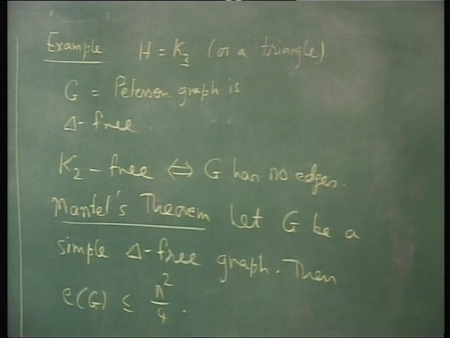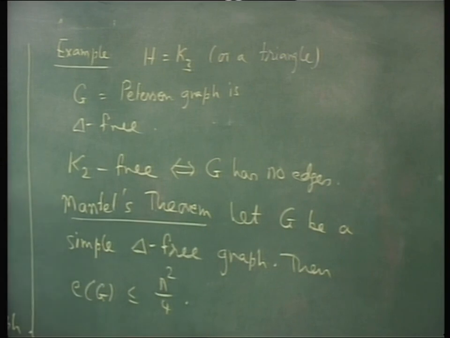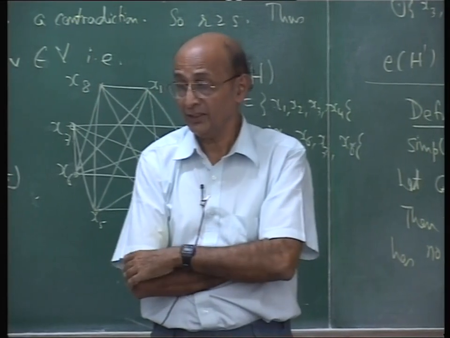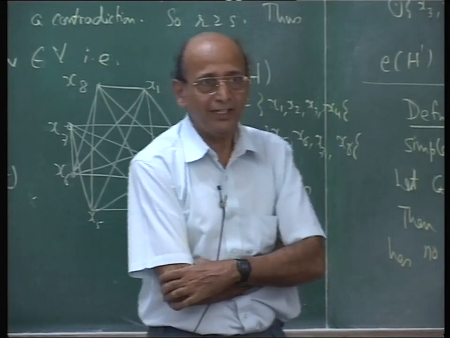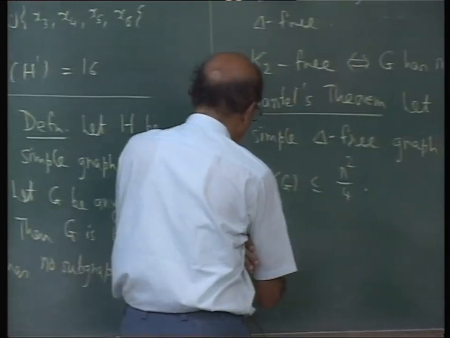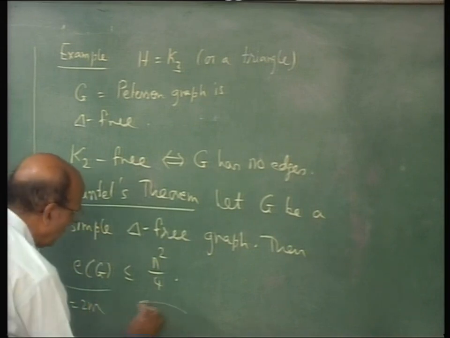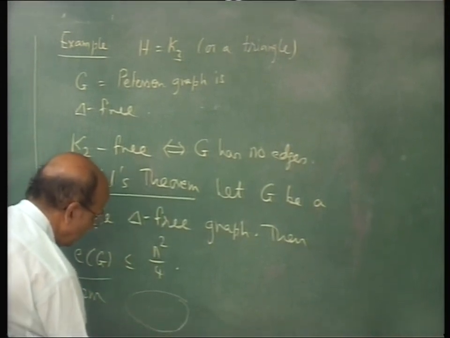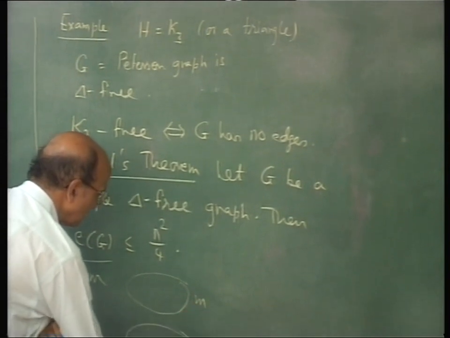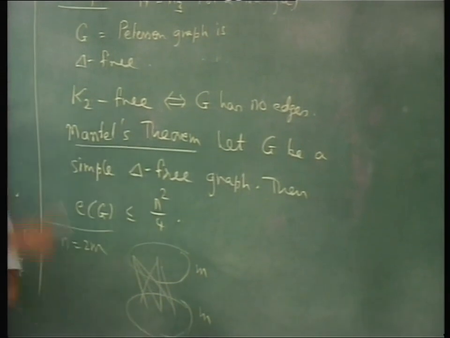In fact, I have not proved that theorem, but let's quickly see how to get equality there. Suppose n is even; there are only 2 possibilities, either n is even or n is odd. If n is even, let's say n is equal to 2m, then you can put m vertices on one side, m on the other side, and make a complete bipartite graph on these.